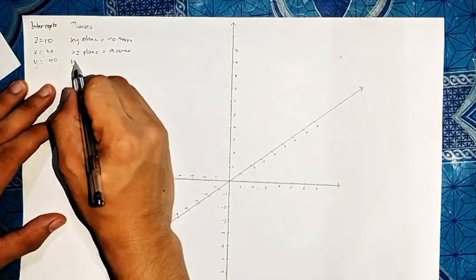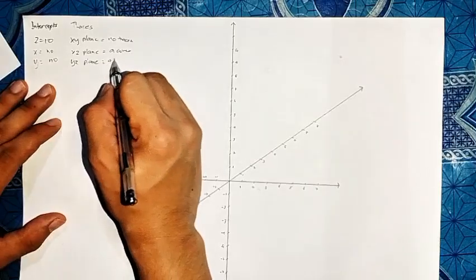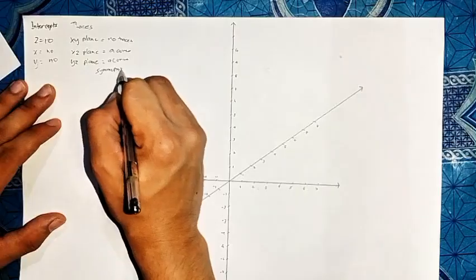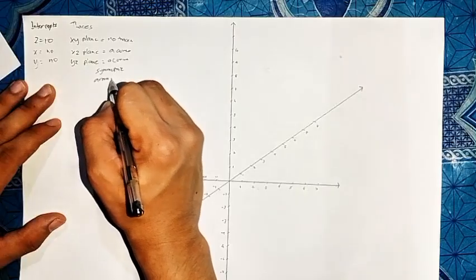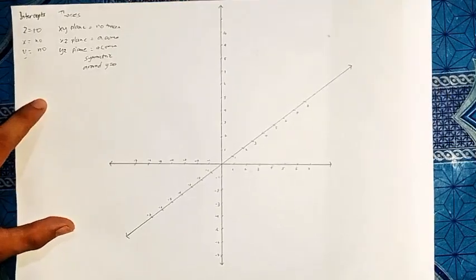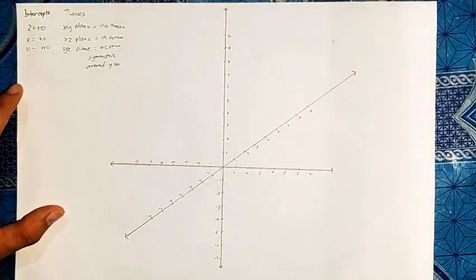Same with the yz plane, but this time a curve that is symmetric around y is equal to 0. Since we have this information, we can now graph the function.